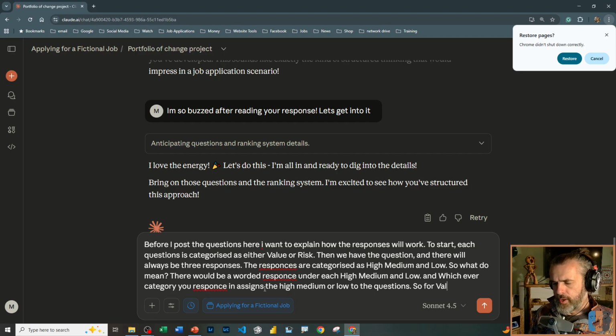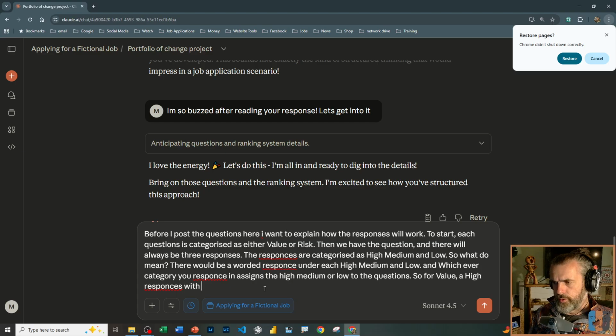So for value, a high response would indicate a more favorable response because its relative value is high.